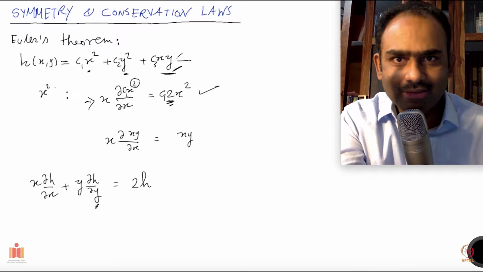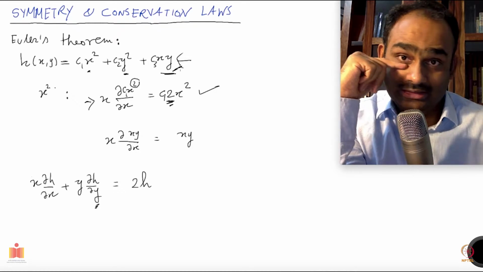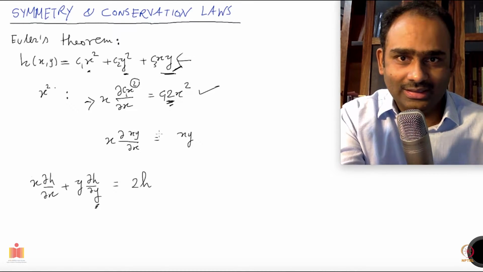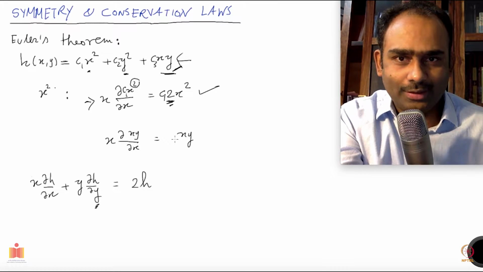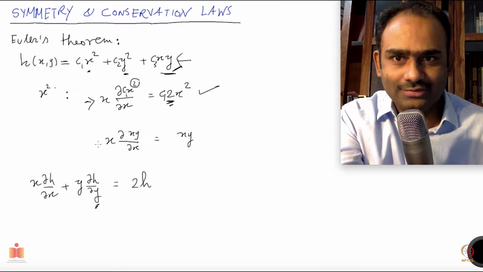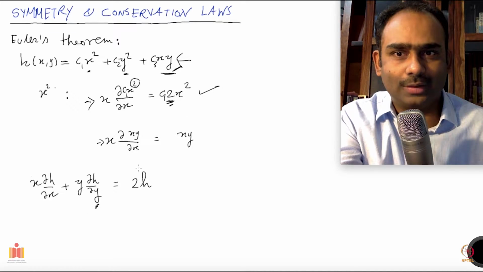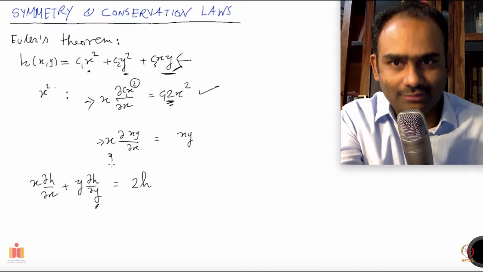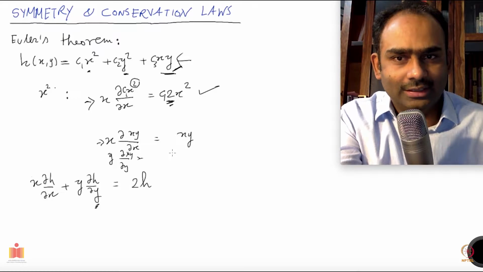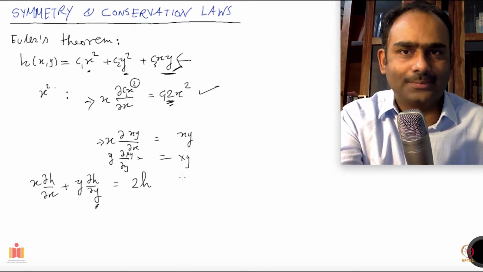And this one here, you may realize that this will not create a power of 2 by taking a partial derivative with x or with y, but when you add them, this addition will create the 2 powers. So here you will have y del by del y of xy, which will again generate xy, right? And when you add these two, you get 2xy.